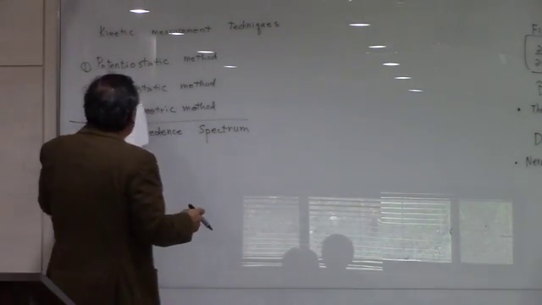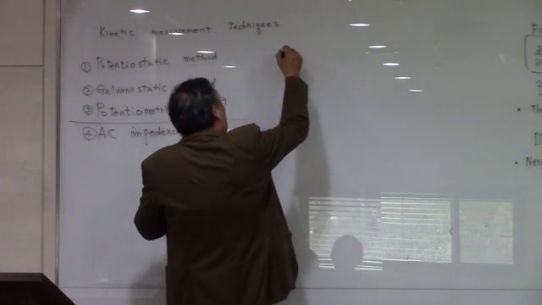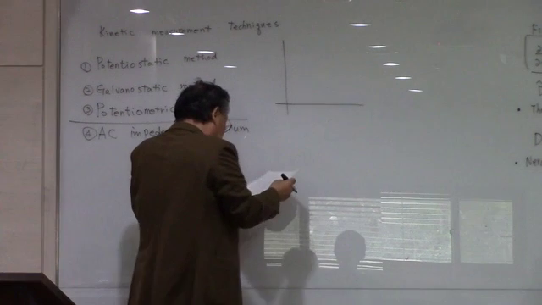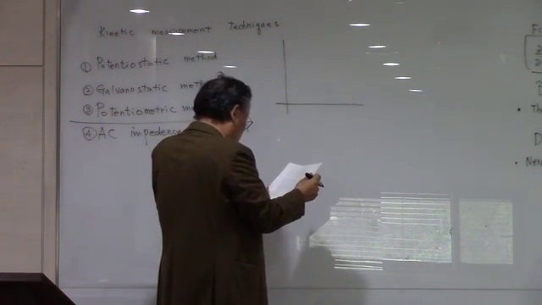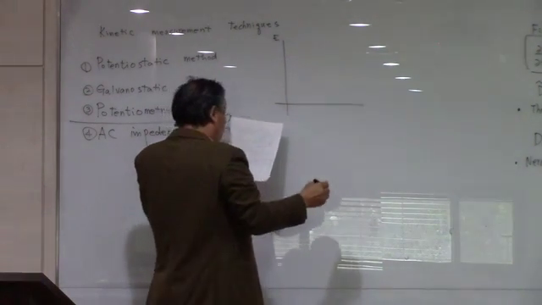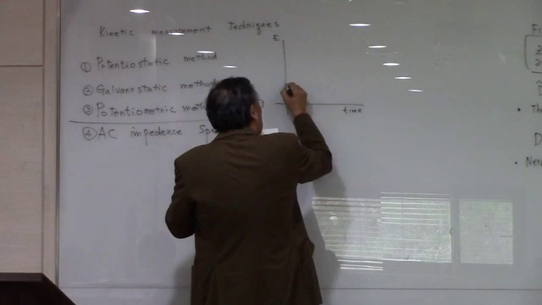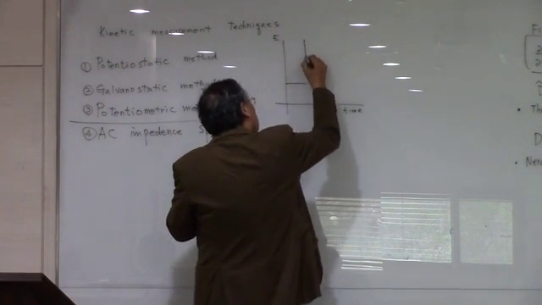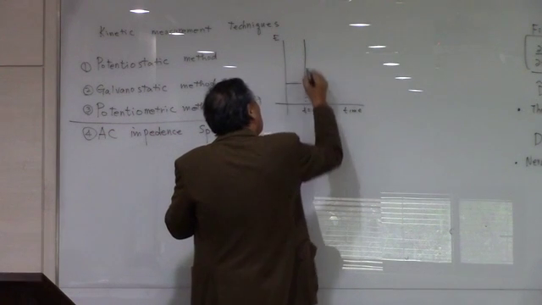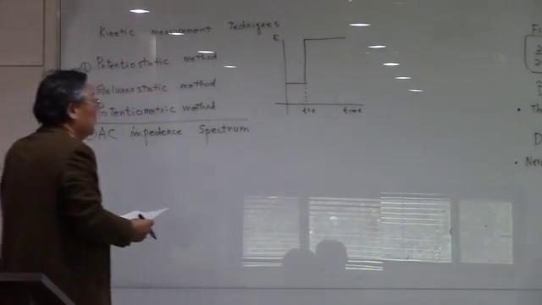Now, in the potentiostatic method, what you do is you apply the voltage, that is the EMF, versus time, and you suddenly apply it at time equal to 0, and you fix the voltage.